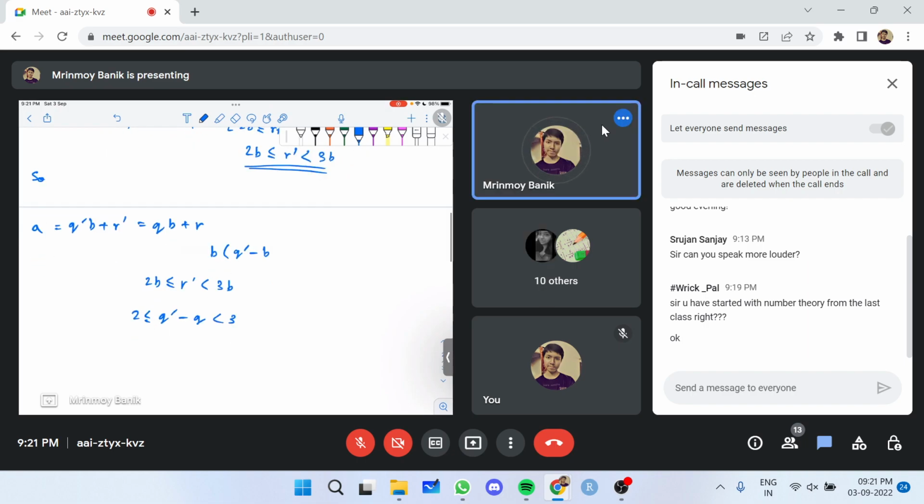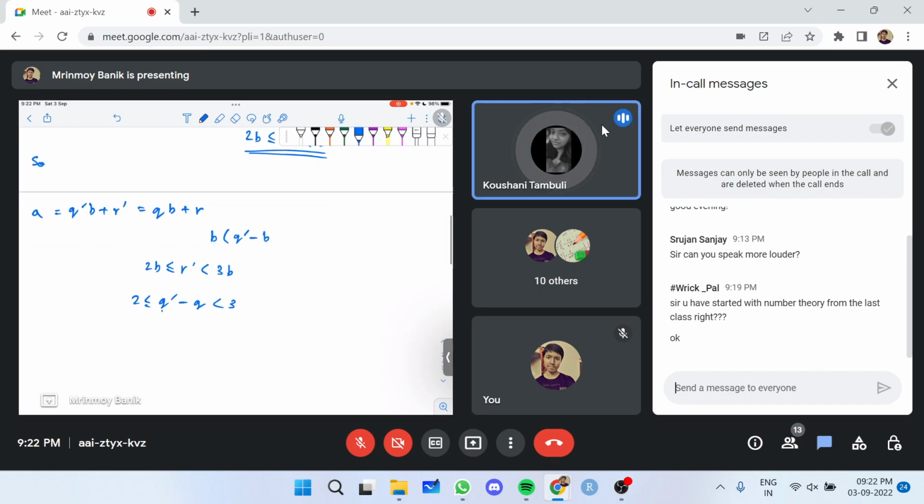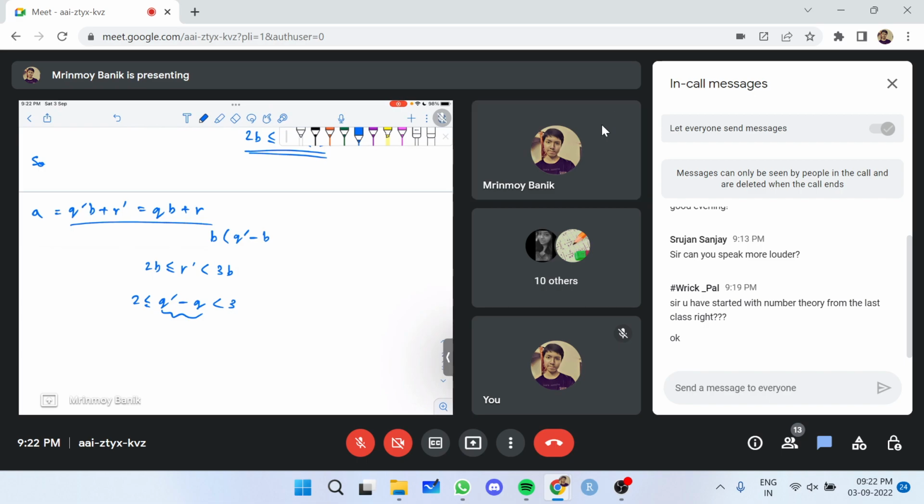You mean like this? Yes, sir. How did you get this inequality? Why are you putting an inequality on q? I only needed to replace the value: r minus r dash is equal to b times (q dash minus q), so I replaced the value. Okay, you started with this equation, right? Yes, sir.